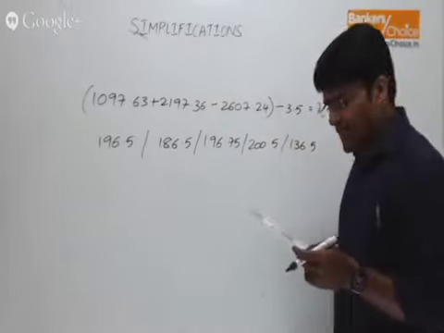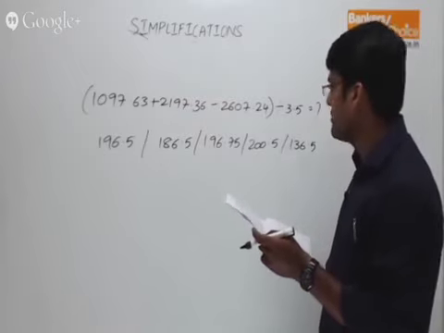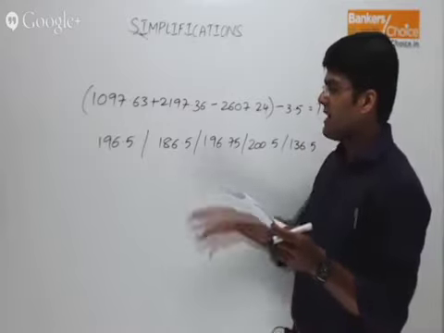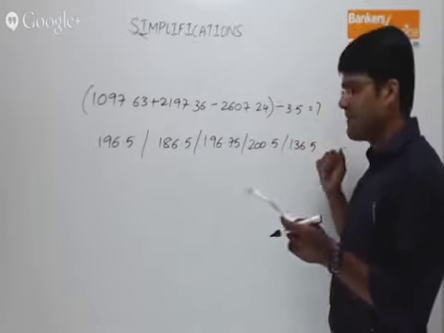So look at the question. 1097.63 plus 2197.36 minus 2607.24 divided by 3.5 equals what? Options are 196.5, 186.5, 196.75, 200.5, 136.5.